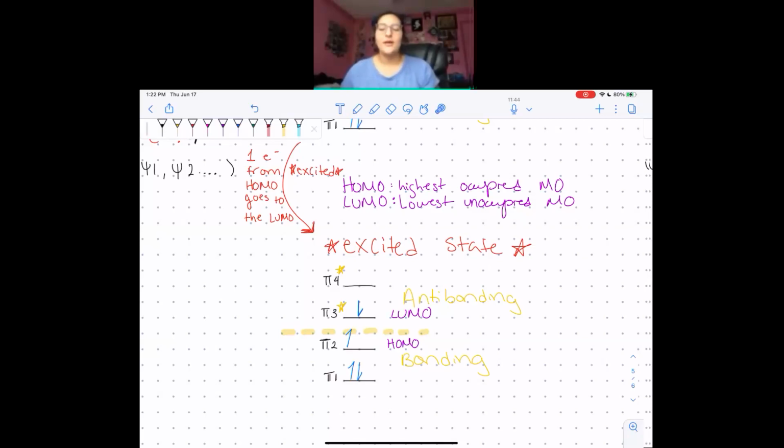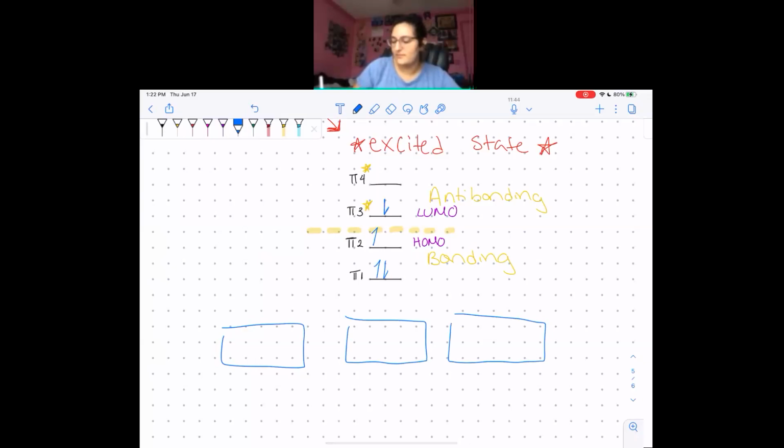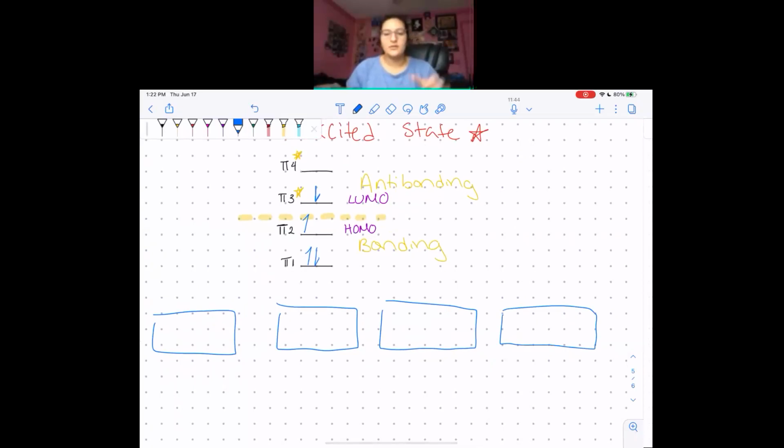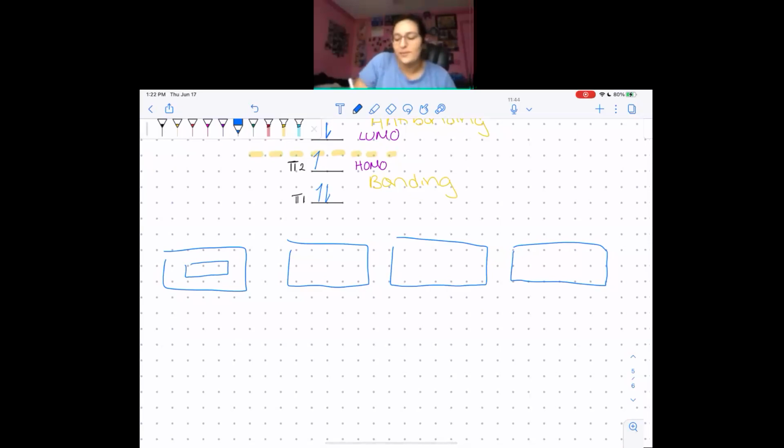No, I'm kidding. So how I like to think about it is think about all of these orbitals like baskets, right? And so we have 4 baskets, and we're going to put our bouncy balls in there. And each electron is a bouncy ball, right? So we like to keep track of our bouncy balls, so we label each of our baskets.